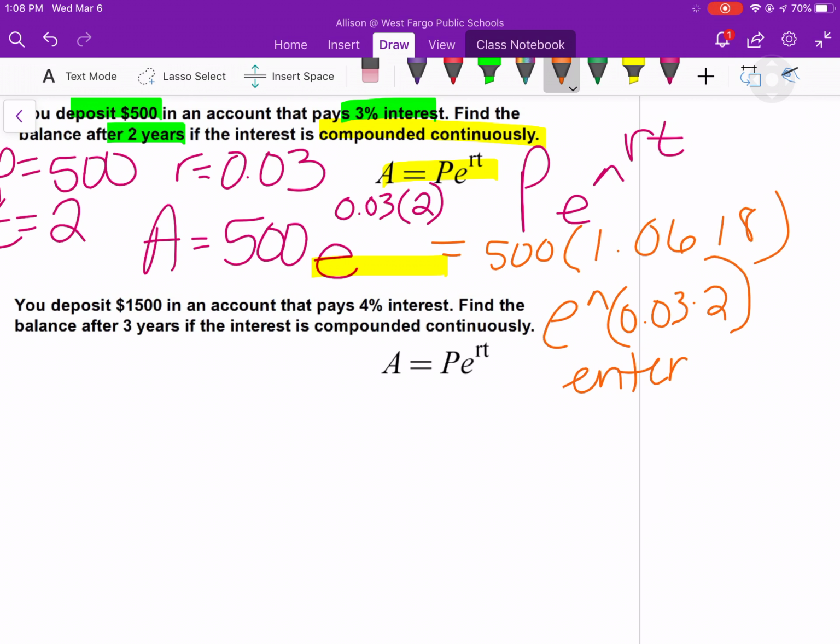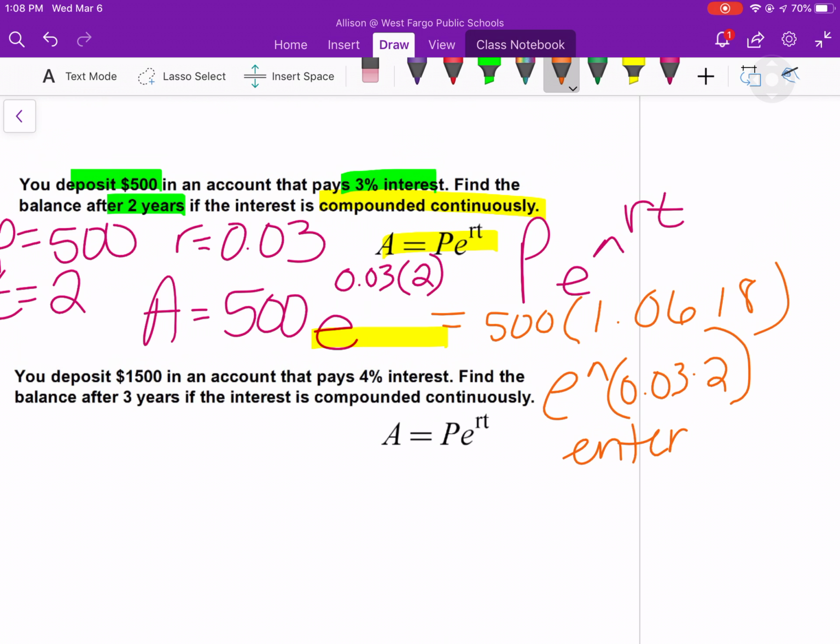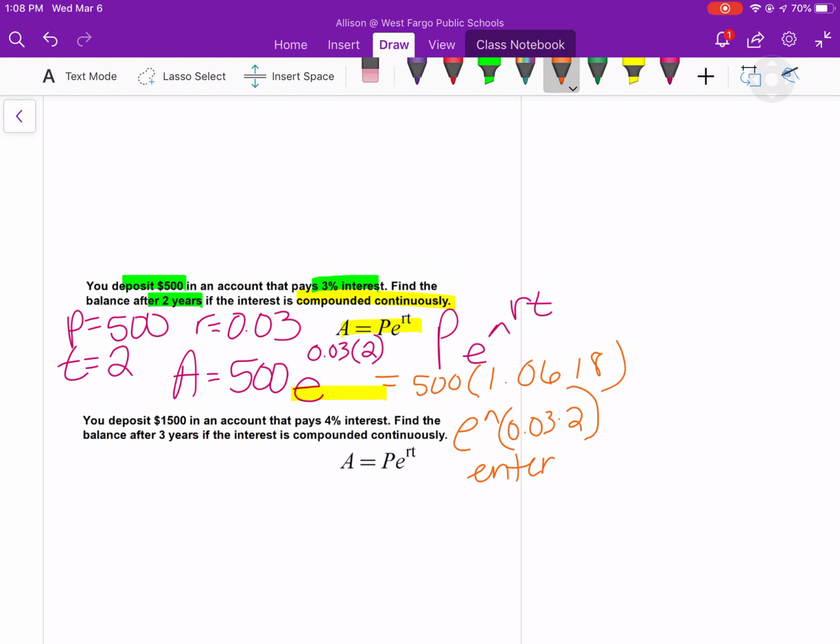I took 4 decimals because I didn't want to round too early. Then when I did 500 times that decimal, I got 530.92. I rounded to 2 decimal places because I was talking about money. So if my interest is being compounded continuously, all the time, every second of every day, I will earn $30.92 in interest after 2 years if it pays 3% interest.